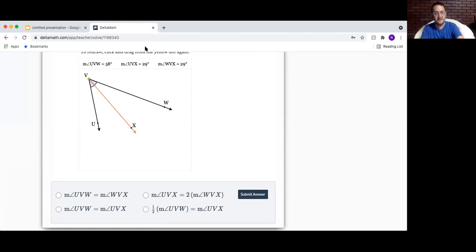One half UVW, that's half of UVW, so that gives us 58 equals UVX. So does half of 58 equal 29? And the answer to that is yes. So therefore, that last answer choice is our answer.